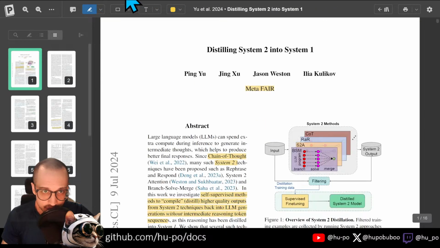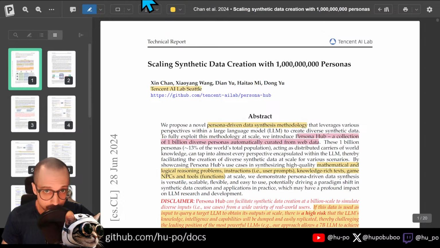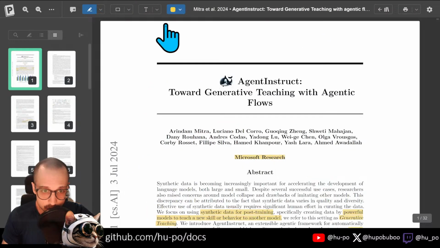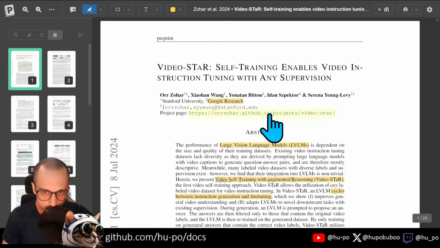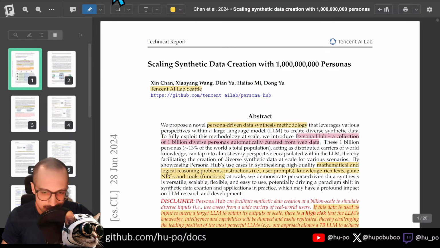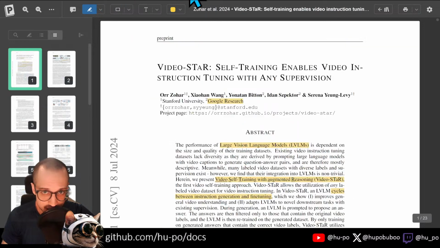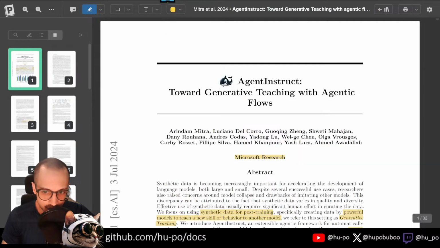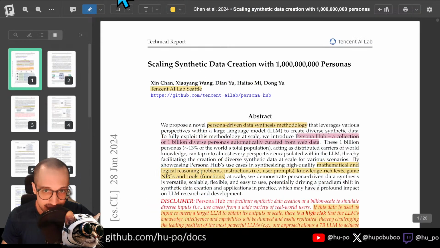So you have 4 papers here on synthetic data, all released relatively recently. We have June 2024, July 2024, July 2024, July 2024, and all of the major technology companies are represented here: Google, Microsoft, Meta, and Tencent.